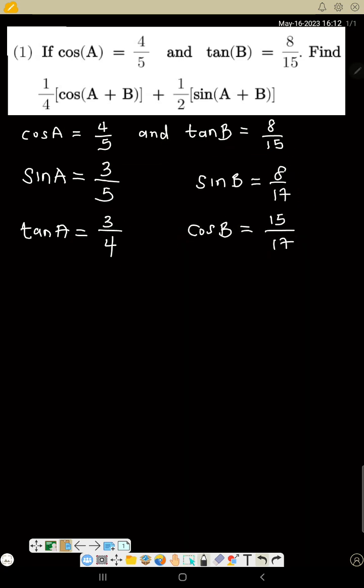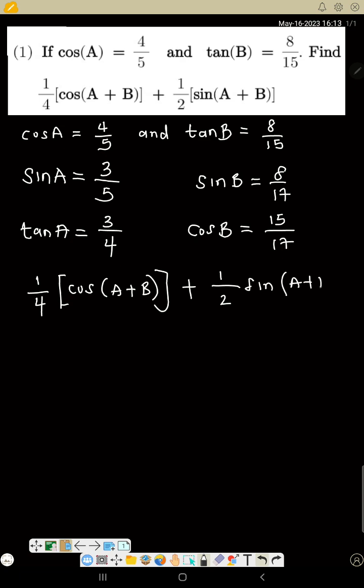So we can now find 1 over 4 cos(A plus B) plus 1 over 2 sine(A plus B). Now, what is the identity for cos(A plus B)?